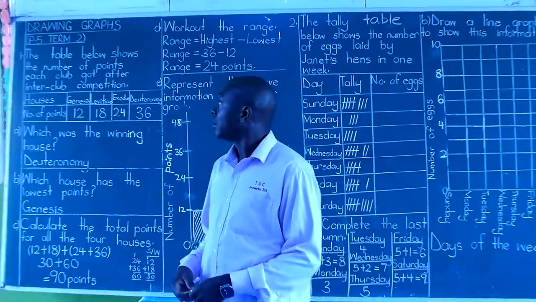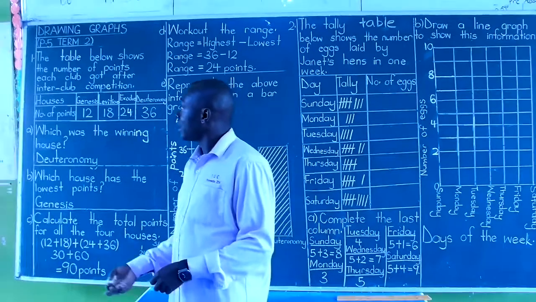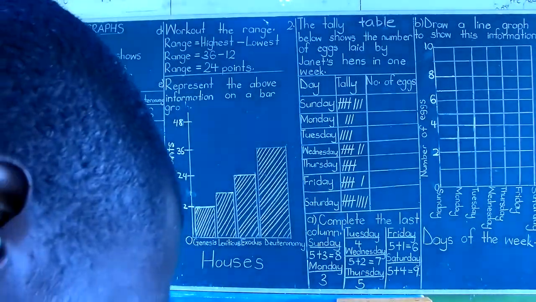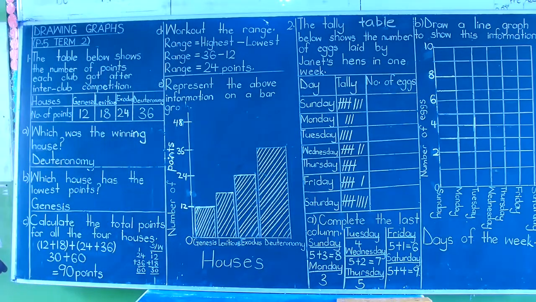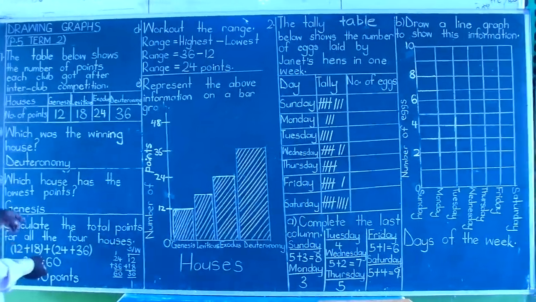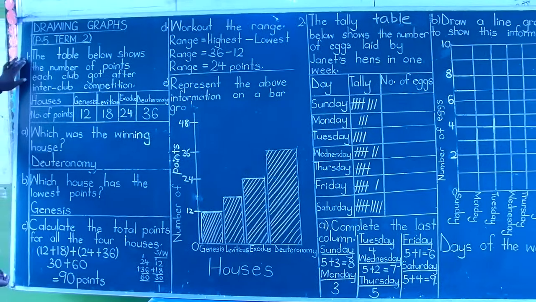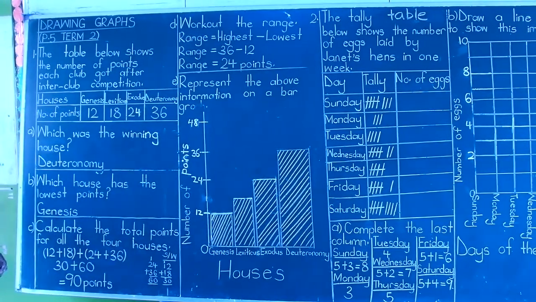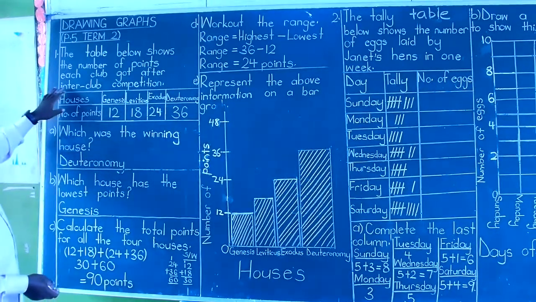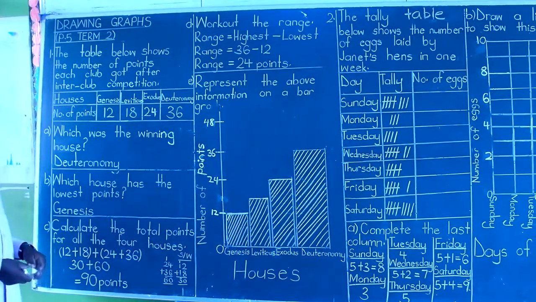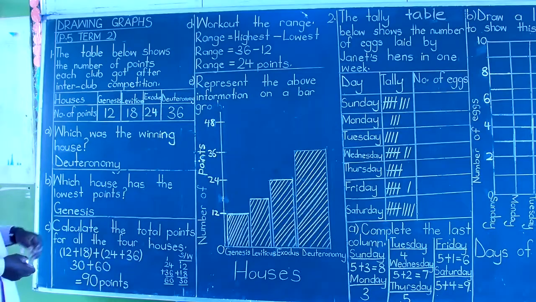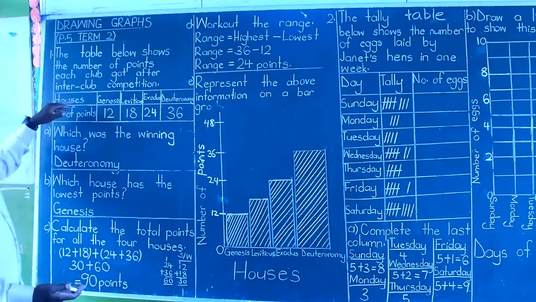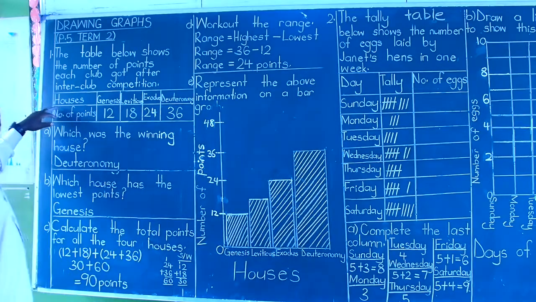Now we are looking at example number 1, and we are starting with drawing a bar graph. Example number 1 reads, the table below shows the number of points each club got after inter-club competitions.